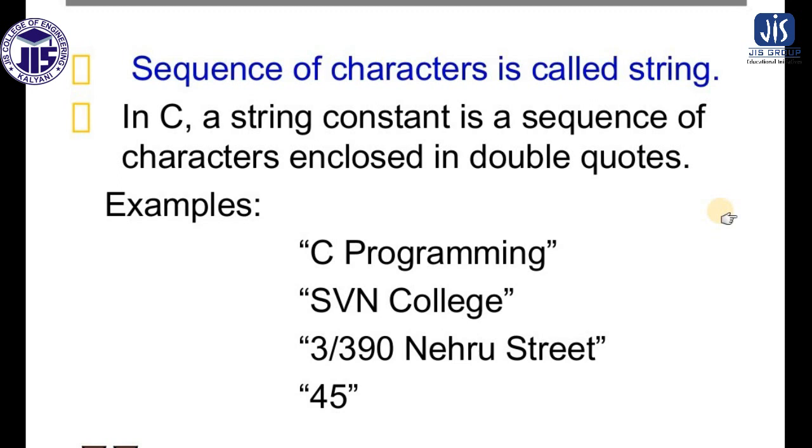Now we are just talking about the string in general form. String is called a character array. Array we have already discussed: array is nothing but a collection of homogeneous type of data, and the memory allocation is continuous.